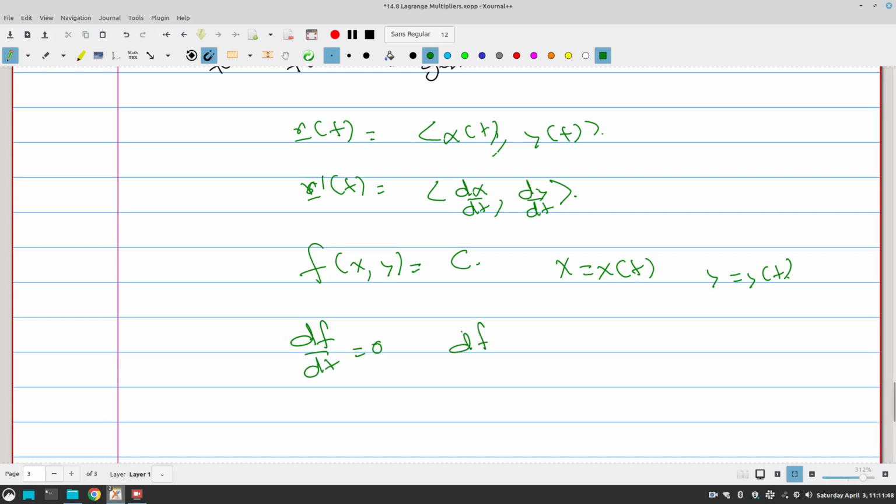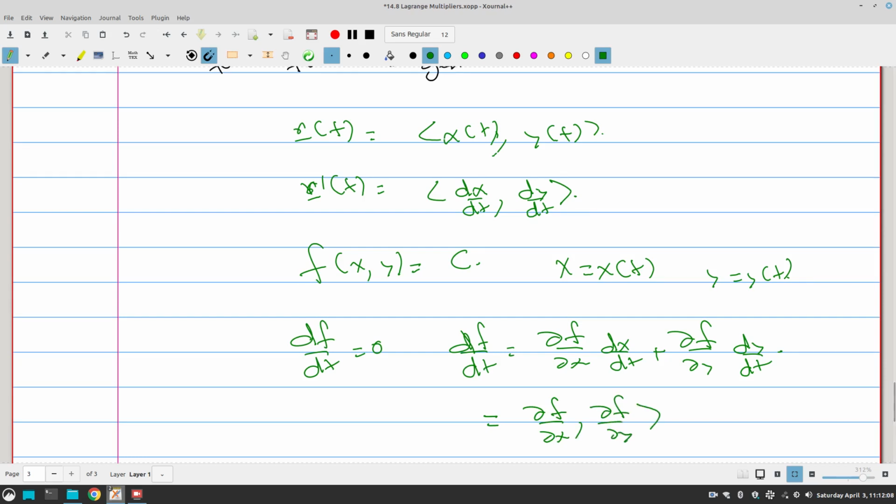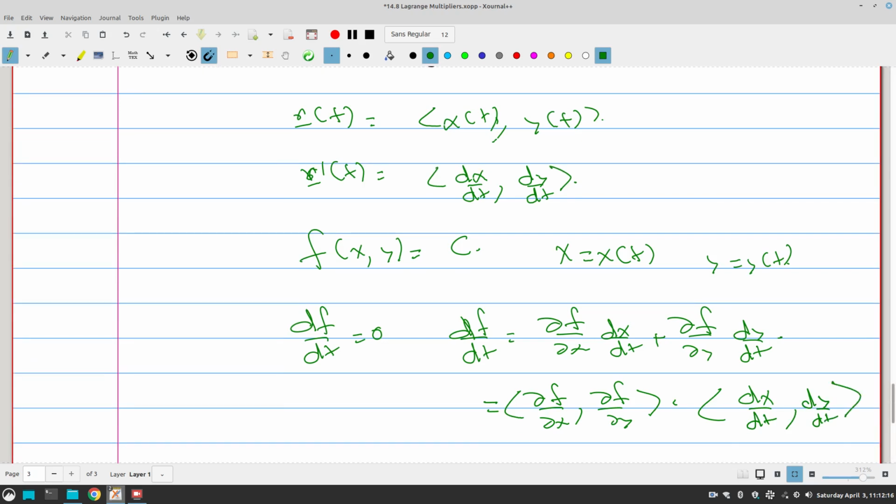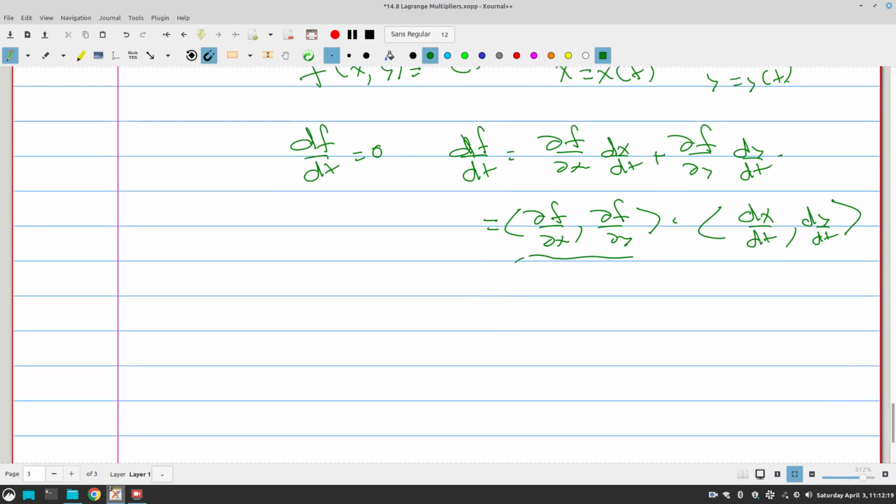But df over dt may also be written as partial f partial x times dx over dt plus partial f partial y times dy over dt, where this is basically equal to this vector, partial f partial x, partial f partial y, dot this vector, dx over dt, dy over dt. This guy is basically del f, and this guy is r prime of t. Now, of course, this is equal to 0.